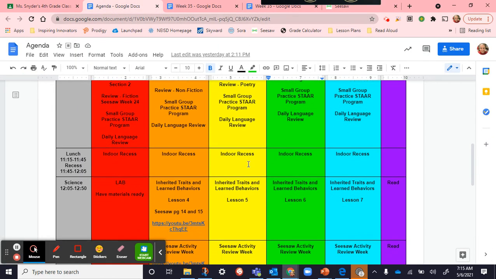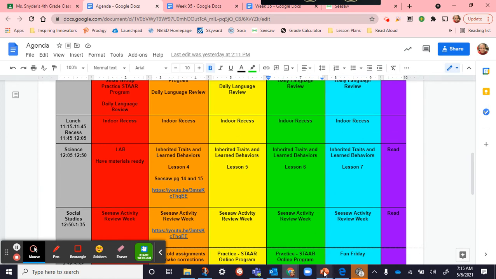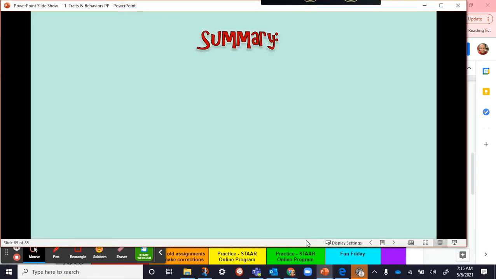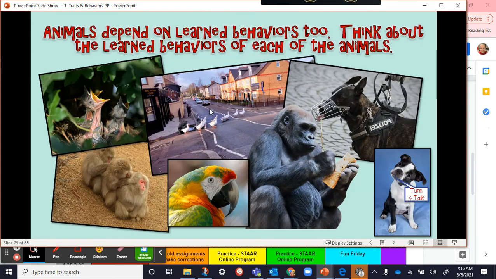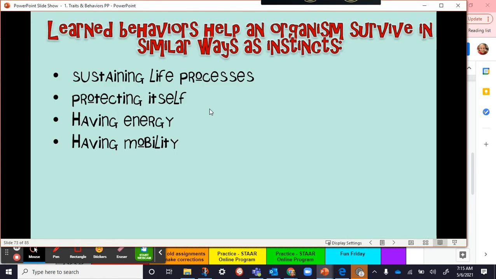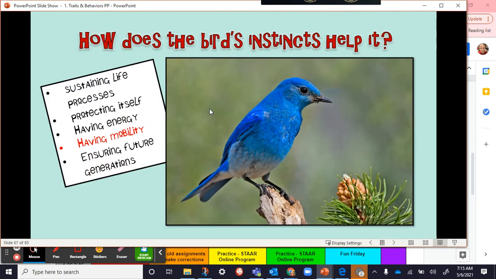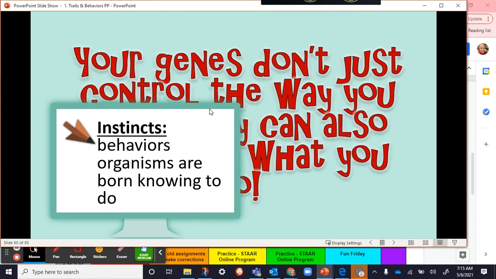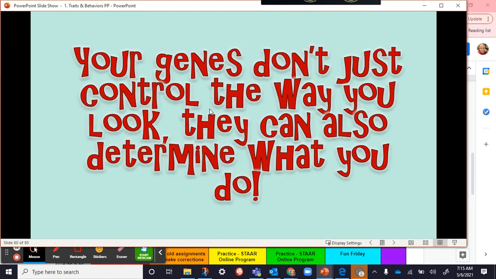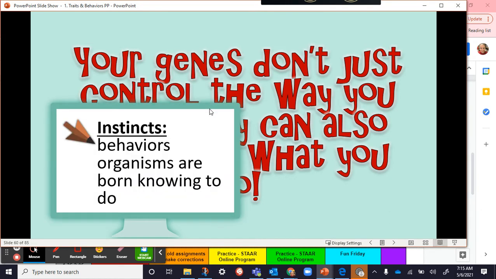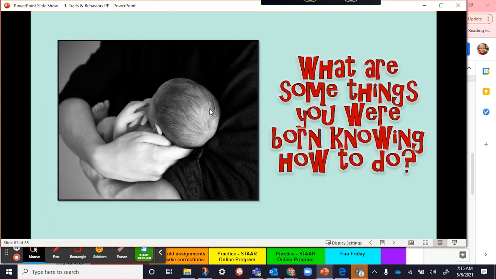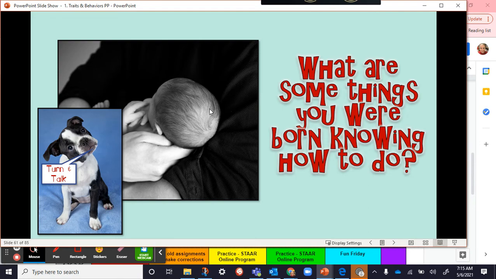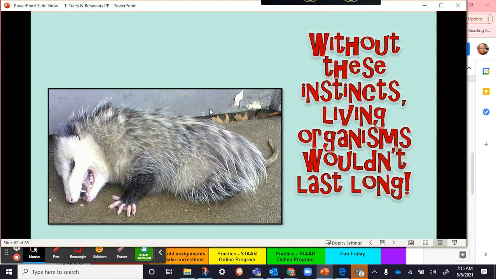And then for science, we went over, back up here, we were talking about instincts. So instincts are, it says your genes don't just control the way you look, they can also determine what you do. Instincts are behaviors that organisms are born knowing how to do. So we talked about some of those things that we're born knowing how to do.